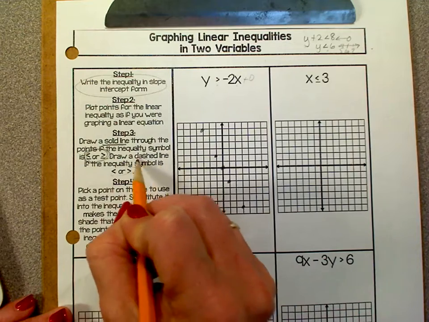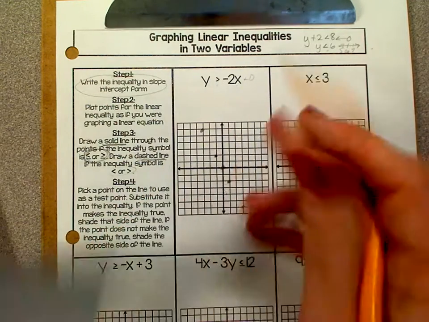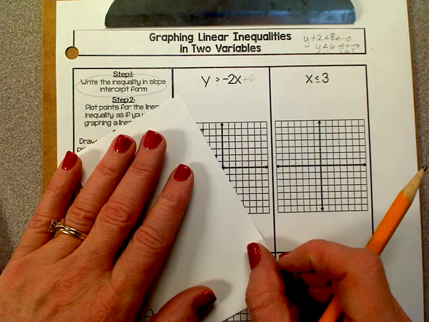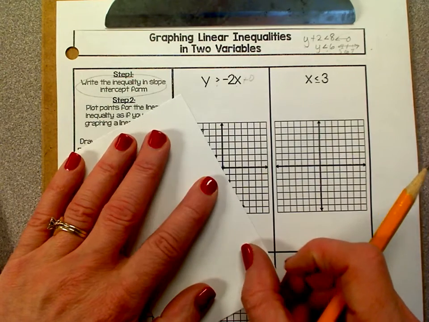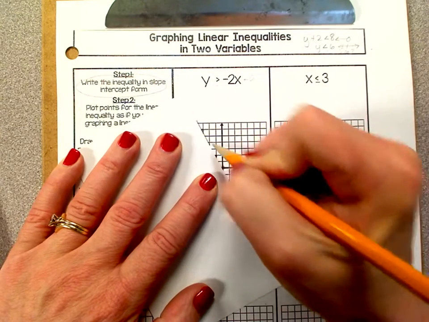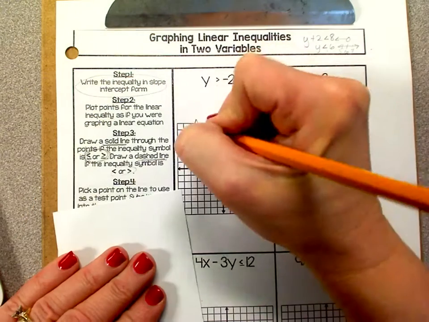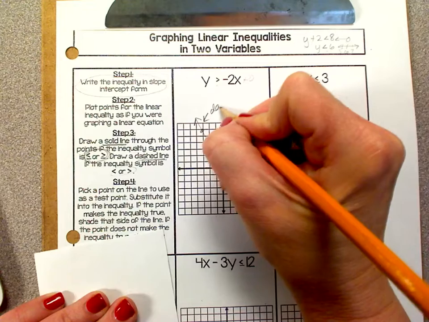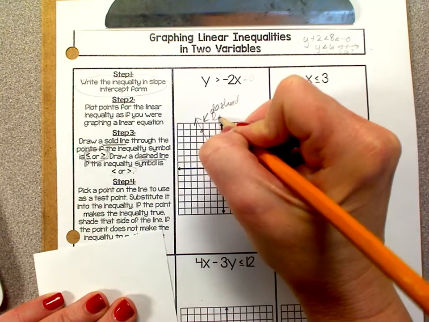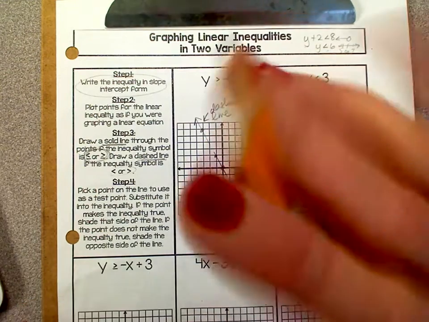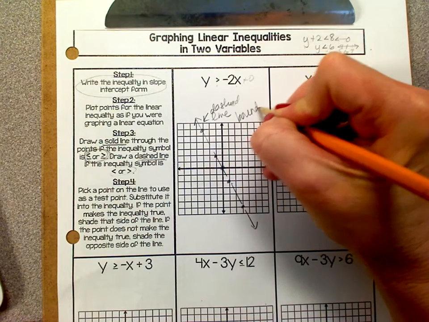If it is not, it's going to be a dashed line. So this is saying that these points don't make the statement true, but this is what we call our boundary line. So we're going to have a dashed line, because we're saying that that's our boundary line. This is really called a boundary line.